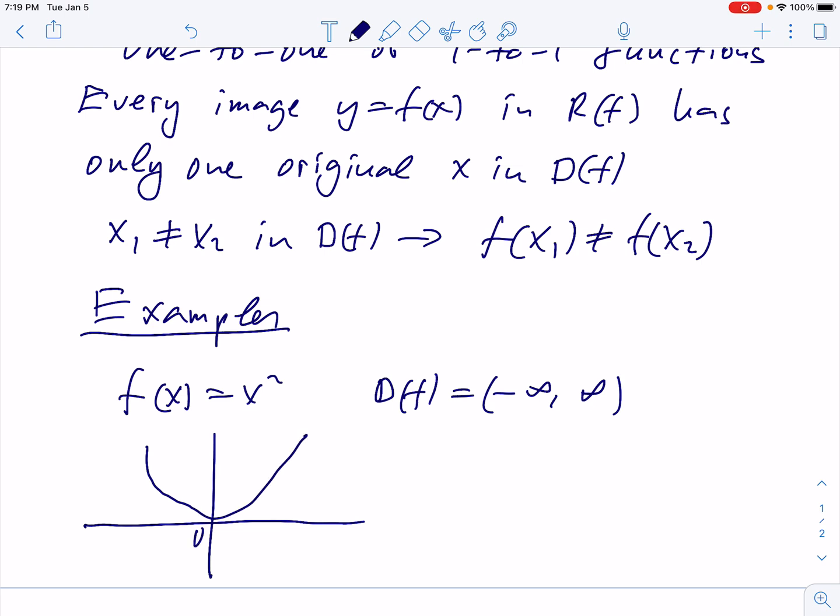And there will be images, let's say 1, one image with two different originals, here on the right side and on the left side. Negative 1 goes to 1, and 1 also goes to 1. f(-1) equals f(1). So we have two different originals for this image 1.